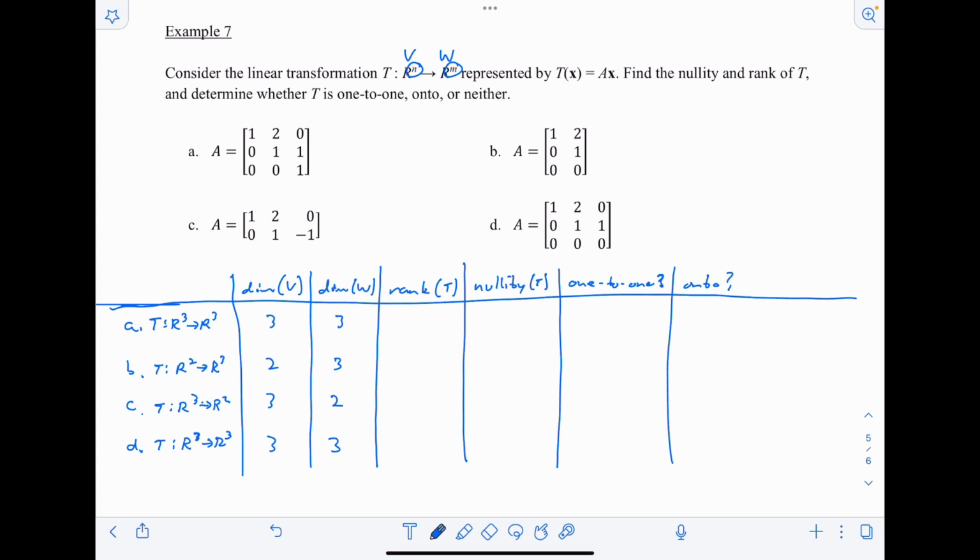Rank of T. Remember, rank is the dimension of the range. So in this case, we're looking at basically how many rows have leading ones in it. And so A has 3, B has 2, C has 2, and D has 2 because the last row is zeros. And then the nullity, that is the dimension of the kernel.